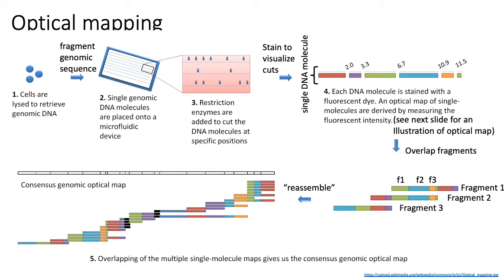Based on that principle, you can reassemble the original genome at a low level of resolution, as you can see on the bottom left-hand corner of the slide. In that sense, you generate this genomic optical map, because it tells you where along the genome different cuts were made due to the restriction enzymes that you used back in step 3.